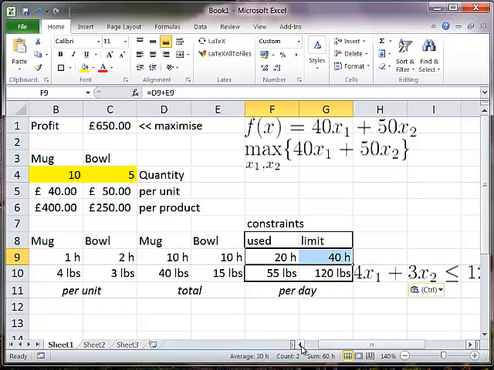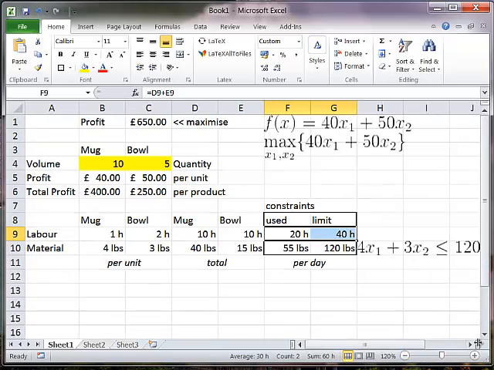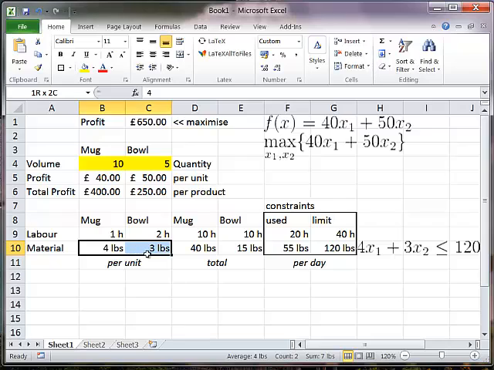So please note that this very much looks the same. 4 times 3, this is exactly the 40 and the 15 which we have got here. And if we add them up, it's the 55 pounds. Okay, so same for the time.